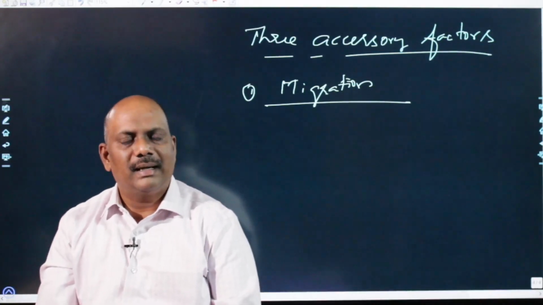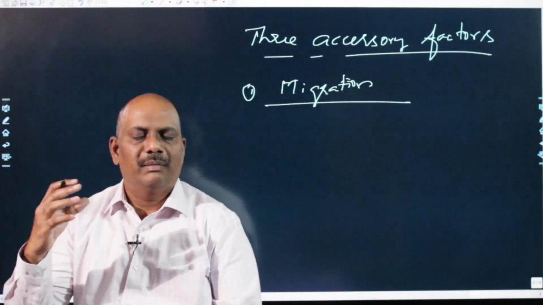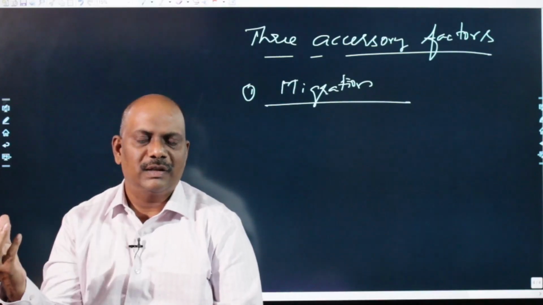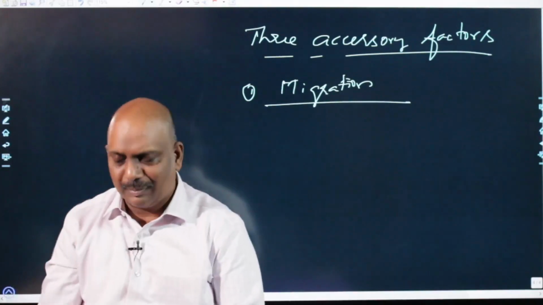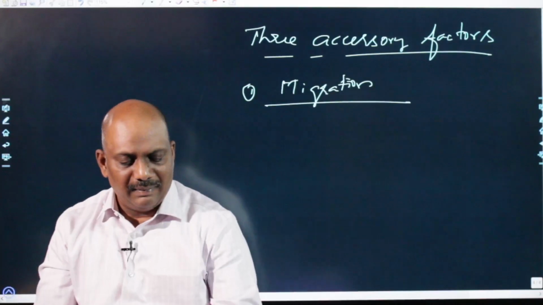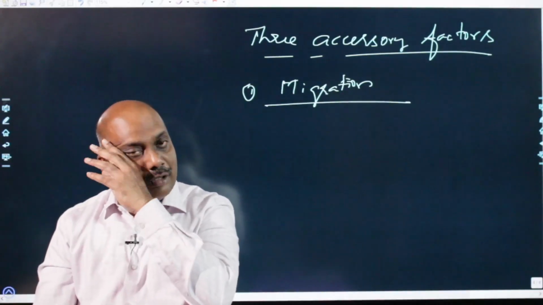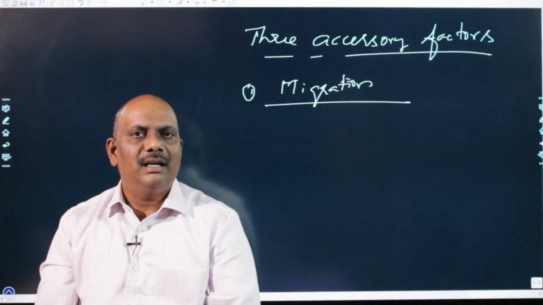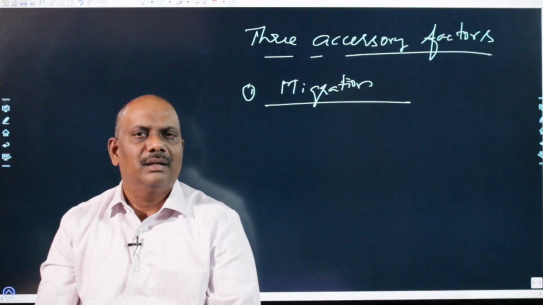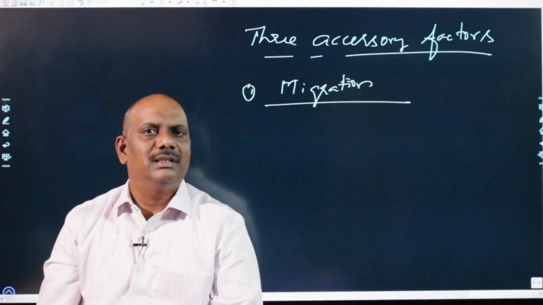By migration, one person from a population may carry his own genes and may make others practice them. For example, we Indians are migrating to Europe and North America, and we carry our genes with us. Dowry system is very much in our genes.